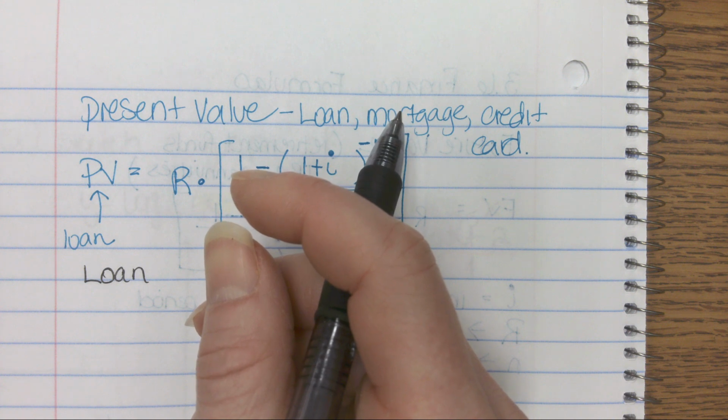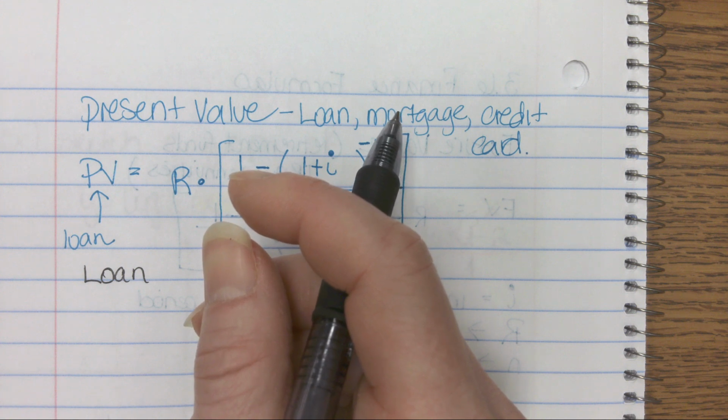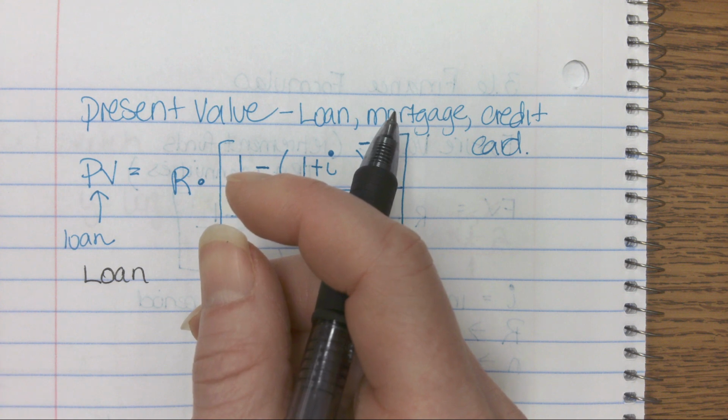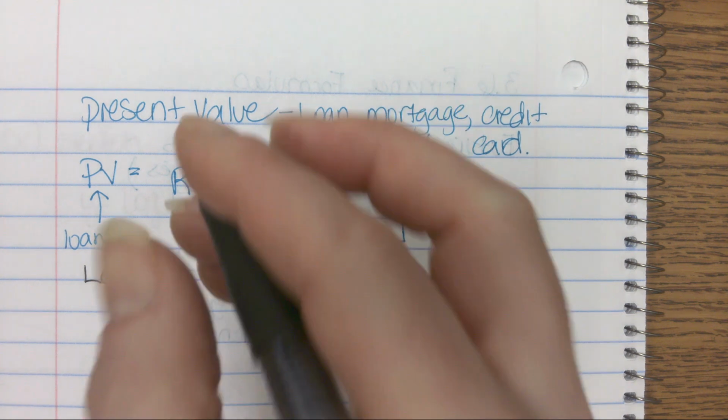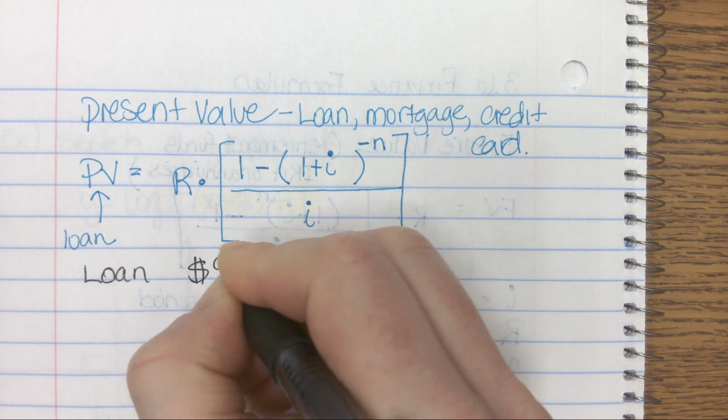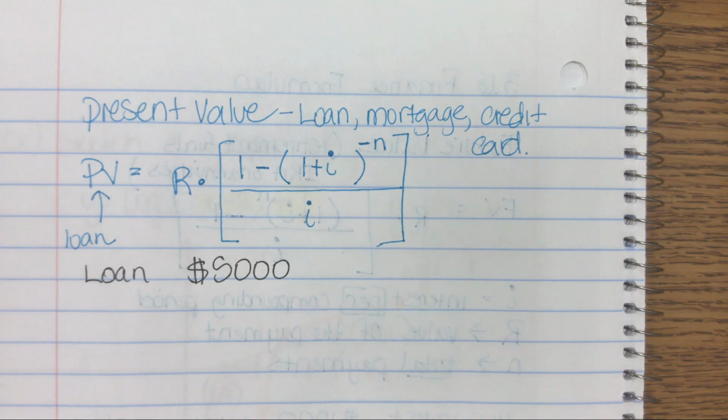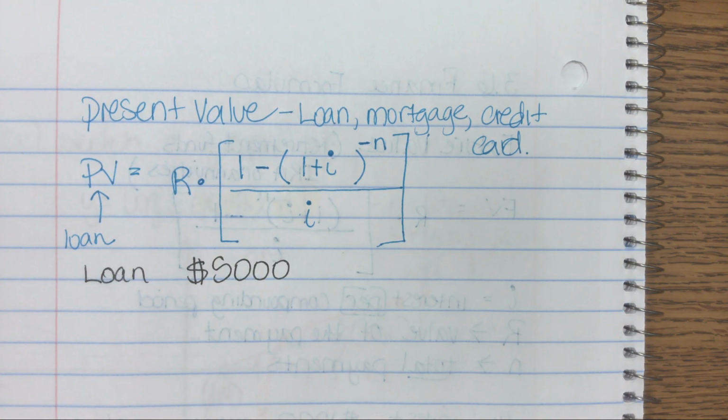You probably barely can do that anymore. We're getting a loan. Mackenzie, throw out a number. Man, you guys want to get small loans. Okay, 5,000.